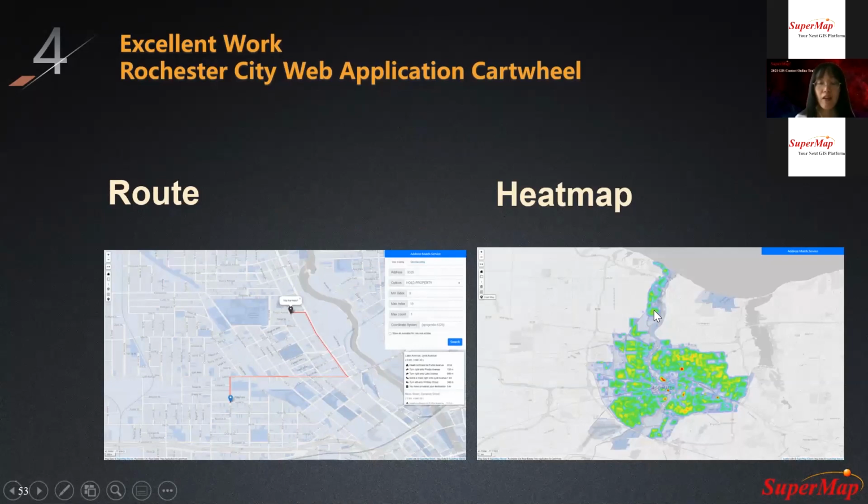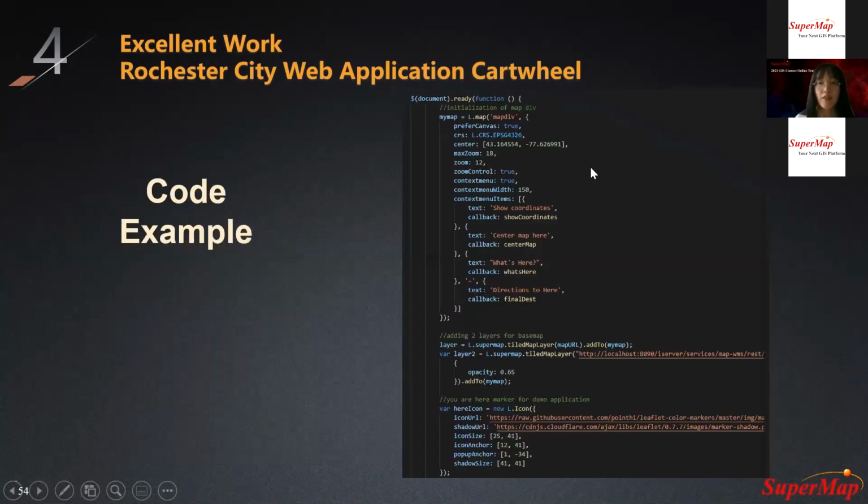And here is an example of his code. We can see that this code is clear and concise, and he also has comments for each chunk, so it is easy for judges to read his code.